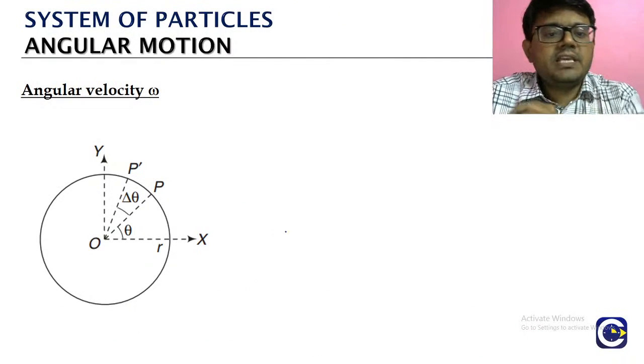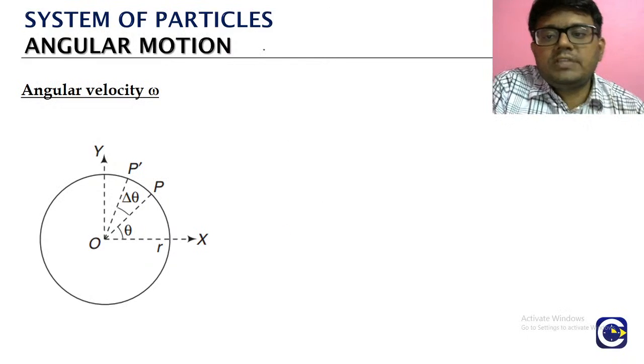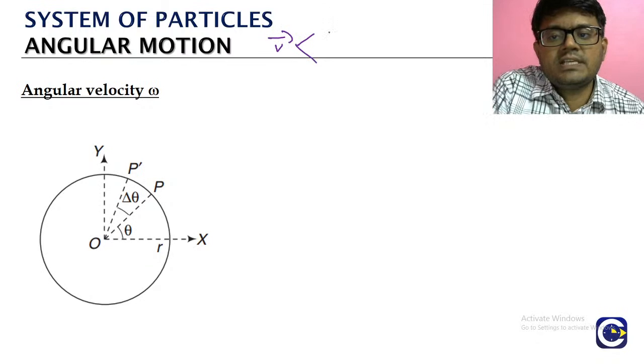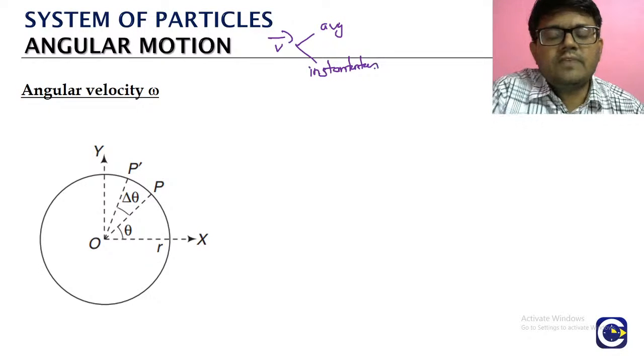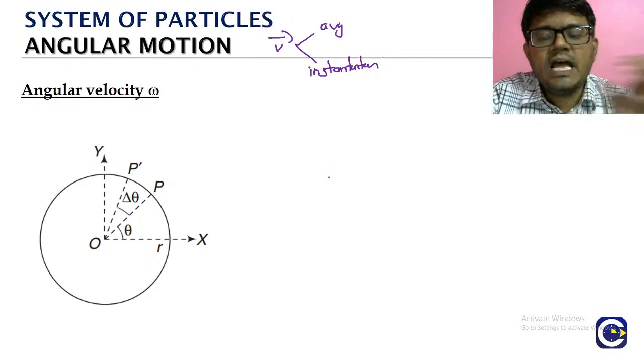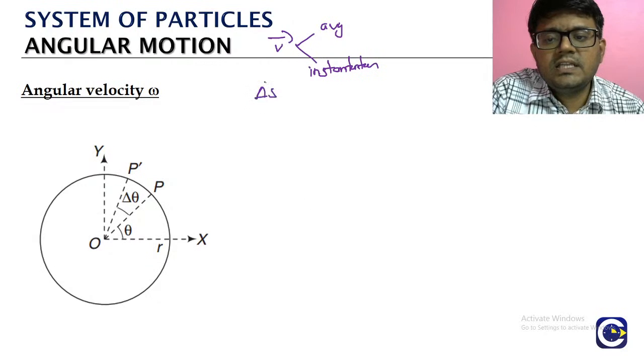When we are looking at linear motion, we talk about velocity. For velocity there are two definitions. One is the average concept, the second is instantaneous. Average means the displacement divided by the time taken for a finite time interval.